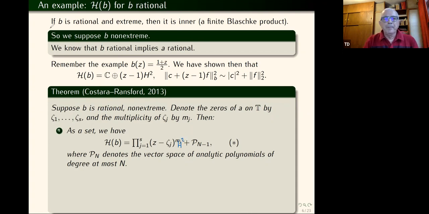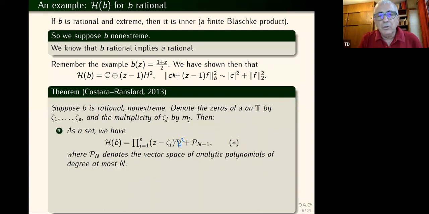Okay, that's fine. Plus P_{n-1}, where P_n denotes the vector space of analytic polynomials of degree at most n, and P_{n-1} at most n - 1.